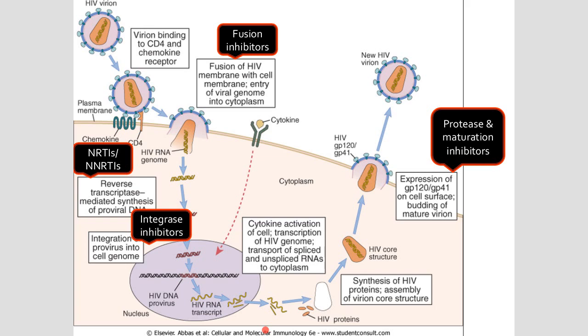Ribonuclease. So these are 4 important enzymes. So we can have integrase inhibitors over here, and then finally we can go for protease and maturation inhibitors, because we don't want expression of GP120 and GP41.